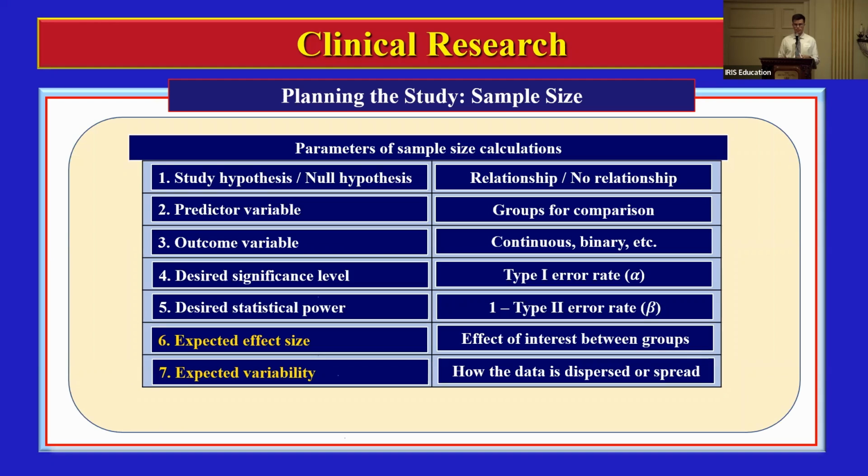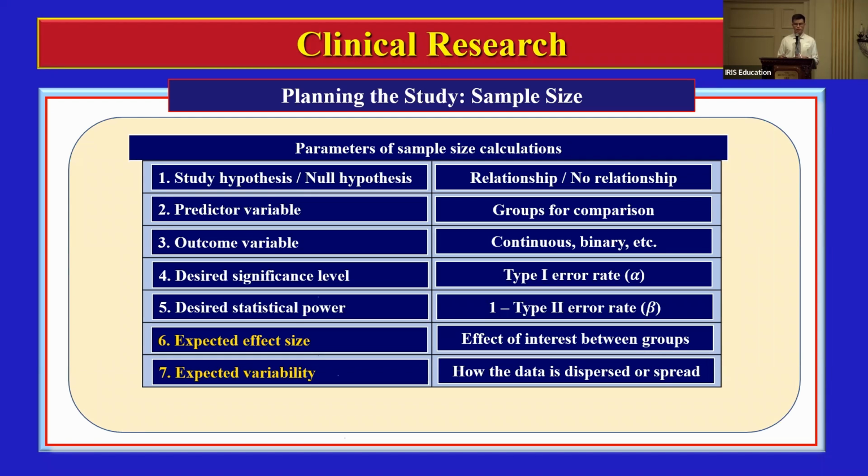So to perform a sample size calculation, you need to have a set of parameters defined. The first one is going to be your study and null hypothesis. And this is just a formal way of stating a relationship or no relationship between your predictor and outcome. You need to define your predictor variable. And this is how we're going to split our subjects into those two groups for comparison.